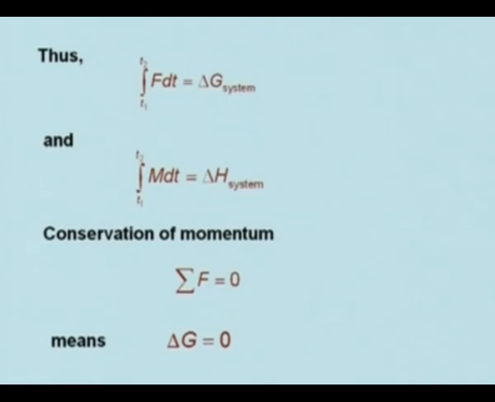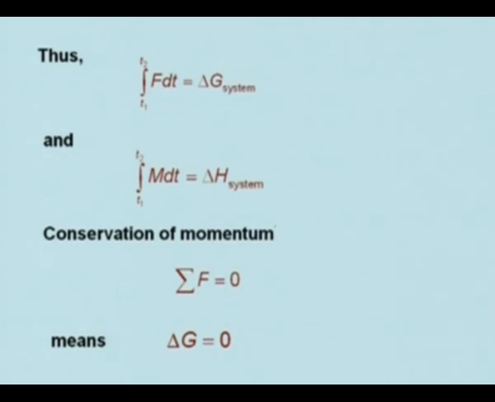whole system. And similarly, the integral from t1 to t2 of F dt is equal to delta G of the system. And similarly, we can have the integral from t1 to t2 of M dt is equal to delta H of the system. So combined for the system we can write. Now conservation of momentum applies here also.